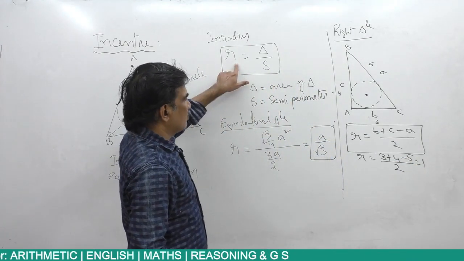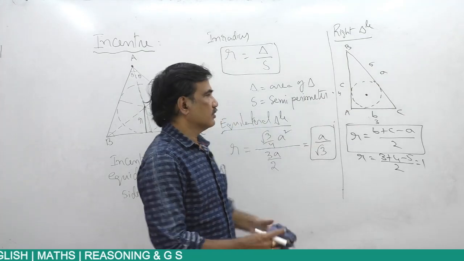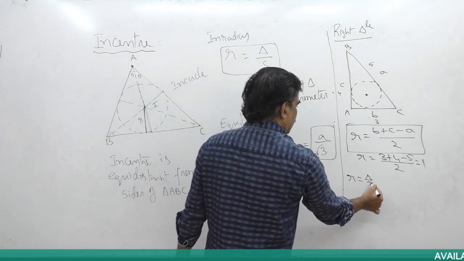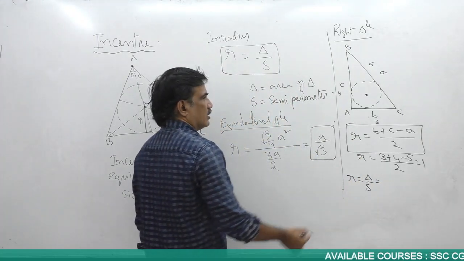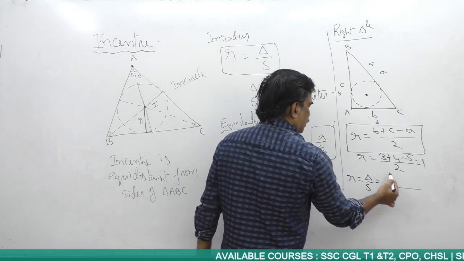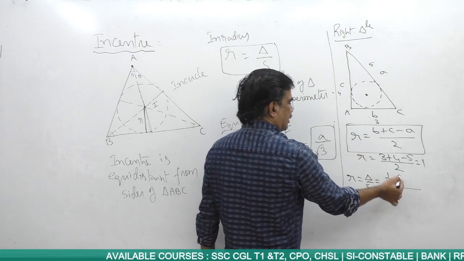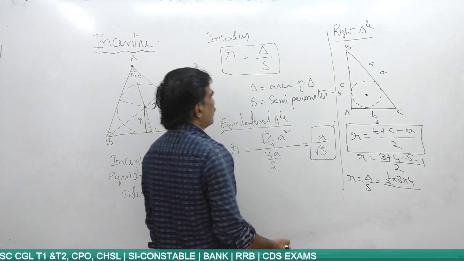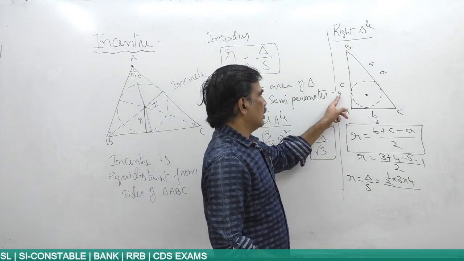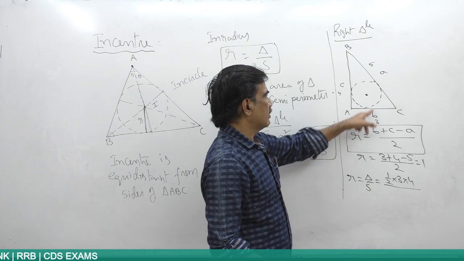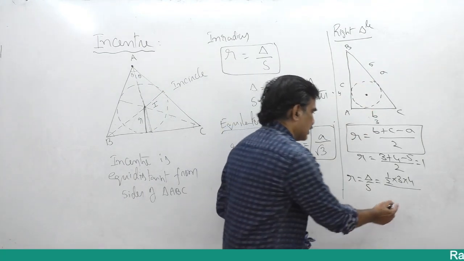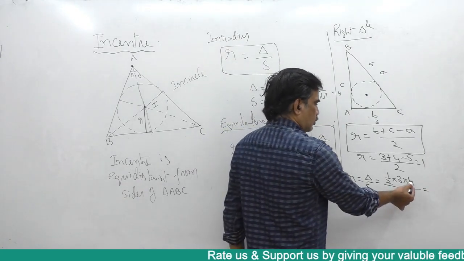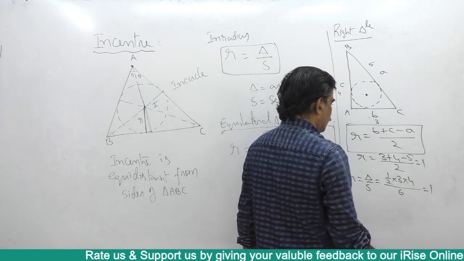If you apply the formula r equals delta by S also, delta is the area of the right angle triangle, half into base 3 into height 4, divided by the semi perimeter: 4 plus 3 is 7, 7 plus 5 is 12, by 2 is 6. So 6 by 6 is equal to 1. Same.